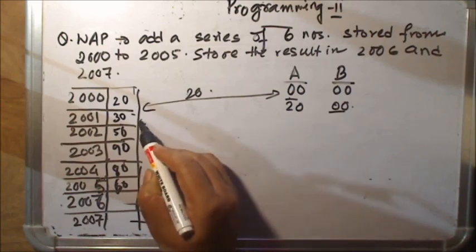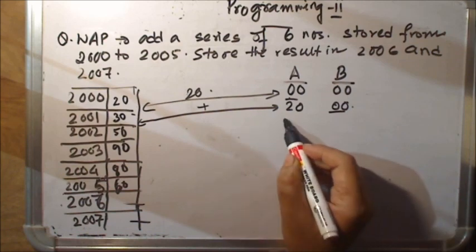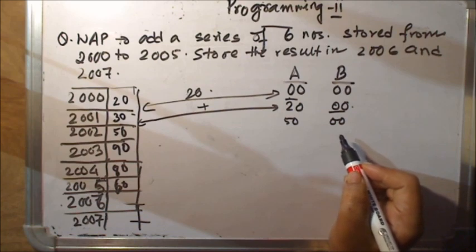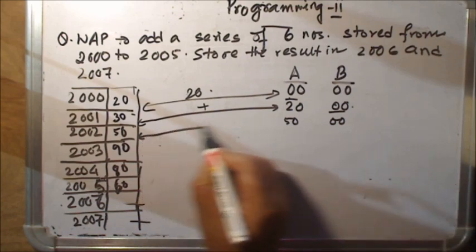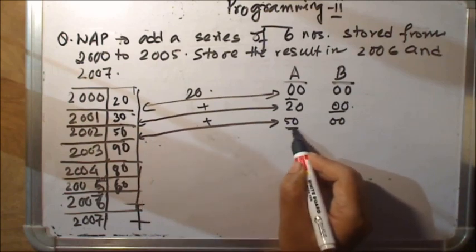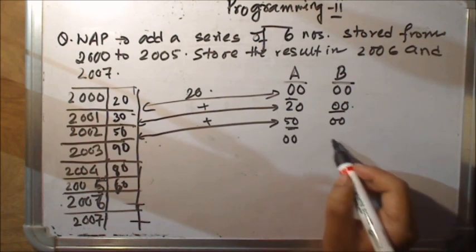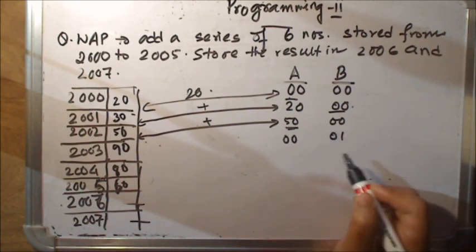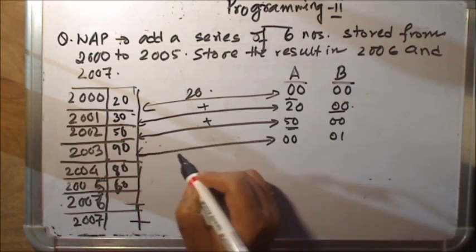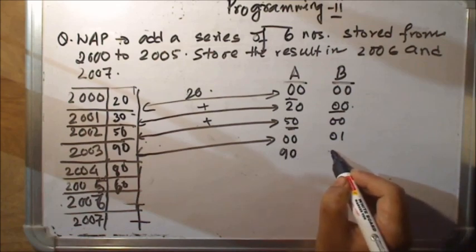Then again we add the next number, 30, with 20. The answer is 50. Is there a carry? No, so we will not increment the carry register. Again we add the third number, 50, with the sum: 50 plus 50 is 100, so 00 and a carry is generated. Yes, so we increment the carry register. Then we add 90 plus 00, and the sum is 90. Is a carry generated?